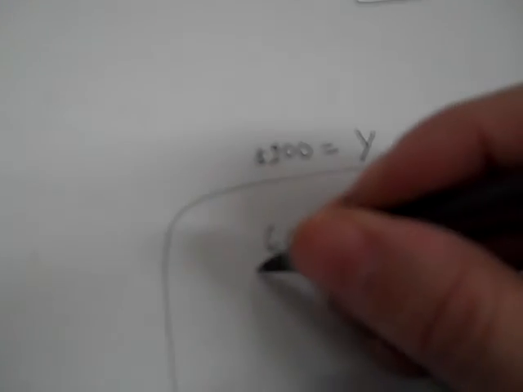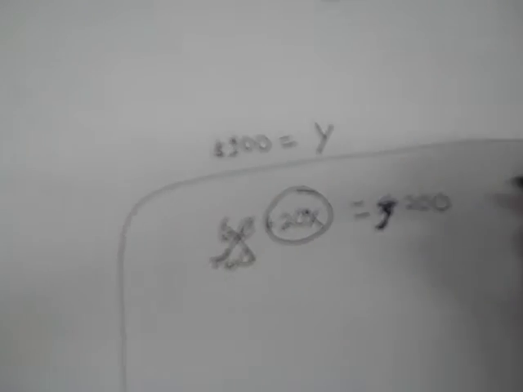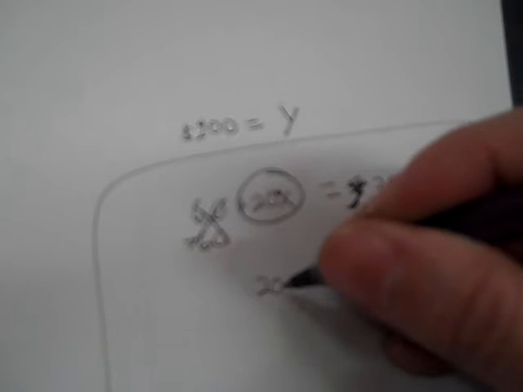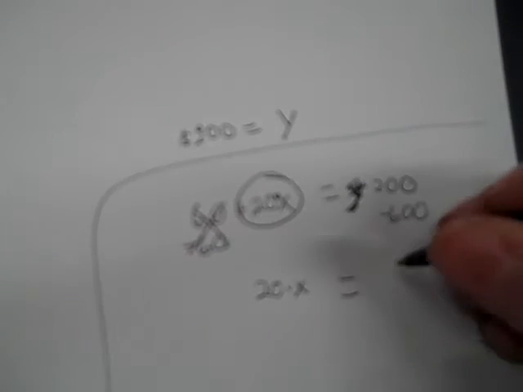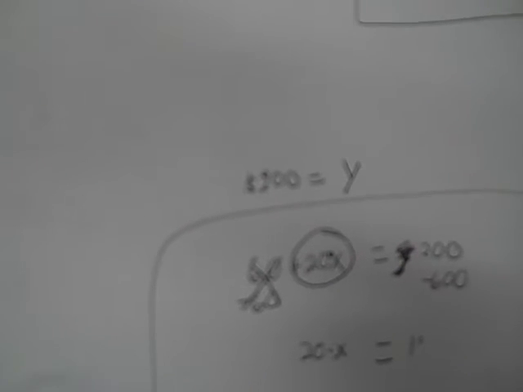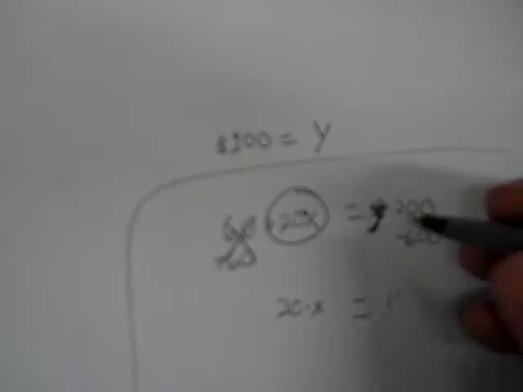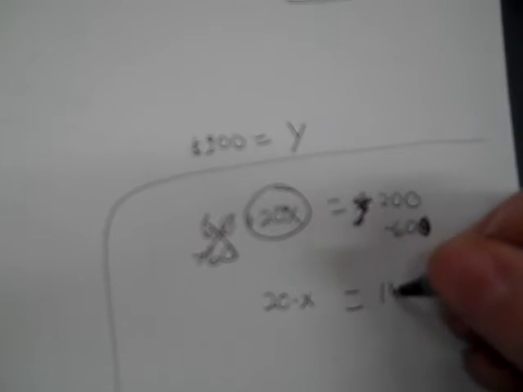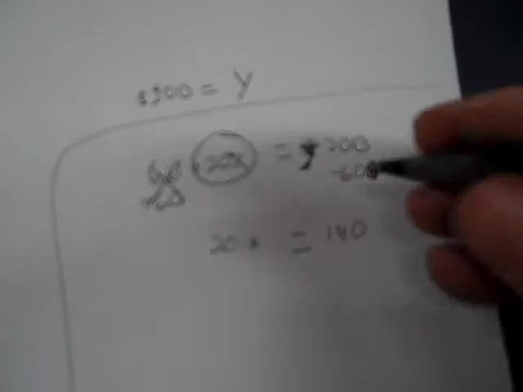I would need to minus this 60 out of here, and then subtract it on the other side from 200. So I have 20x, and 200 minus 60 is 140. And then of course the last step is to divide.